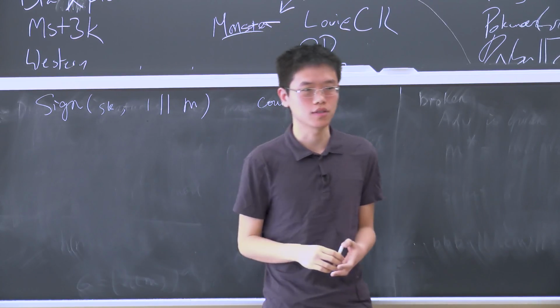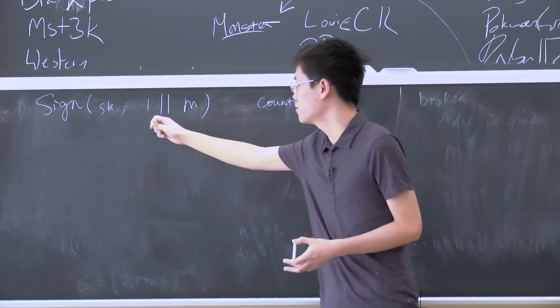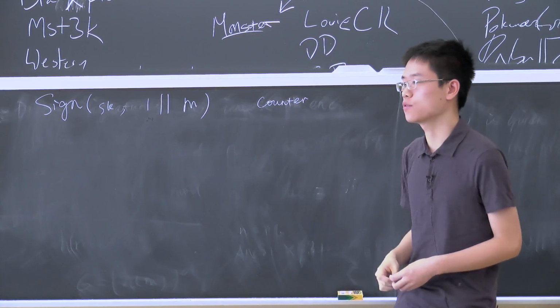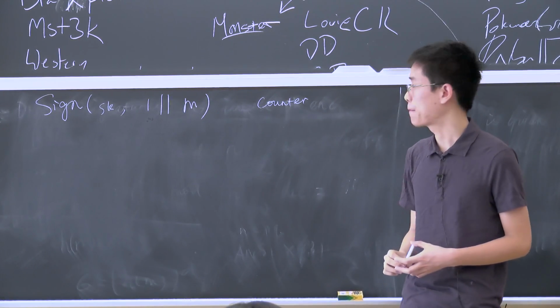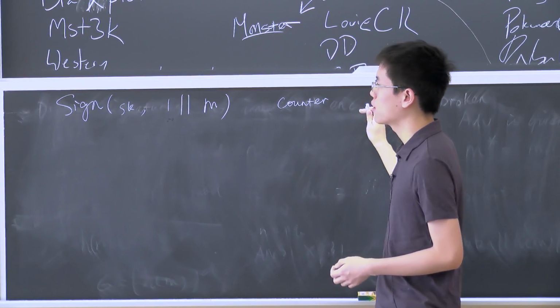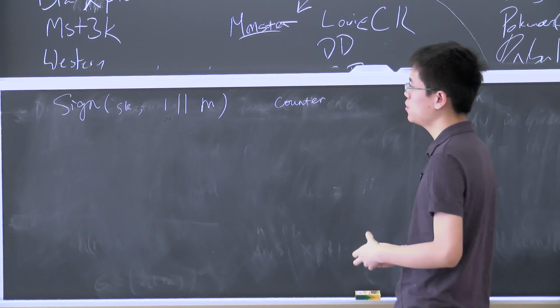I think that trivially fixes it. So you can verify if you receive the same message with the same counter, then you know it's someone else who is resending it. Okay, so that's one thing we need to do for signatures in practical use.